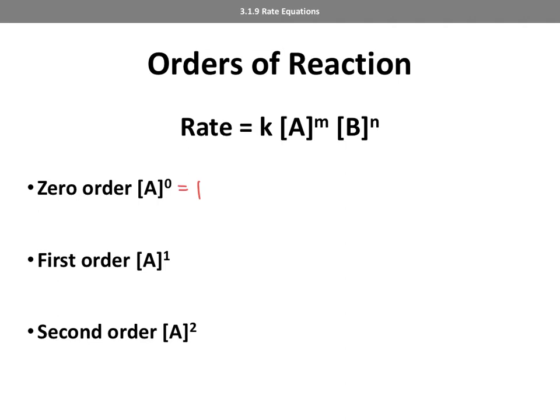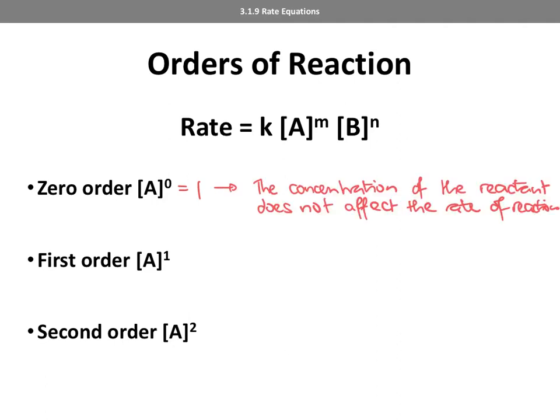In the past, at GCSE and in kinetics in year 12, we've always said increasing concentration increases the rate of reaction. That may not always be the case. If we discover that a reaction is zero order with respect to a particular reactant, then changing the concentration of that reactant does not affect the rate of the reaction.